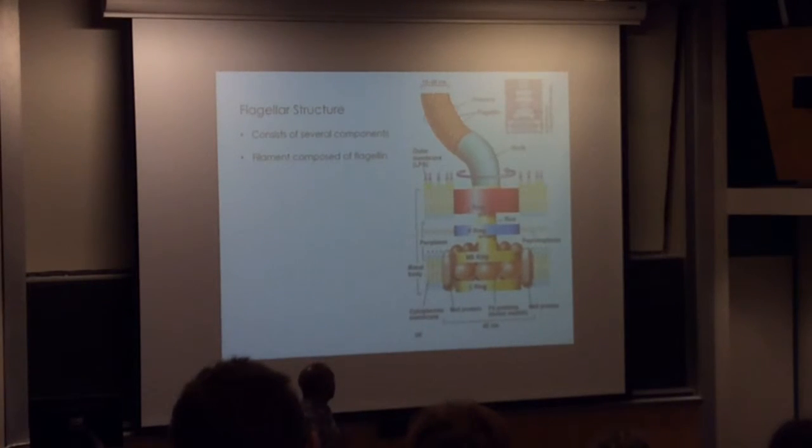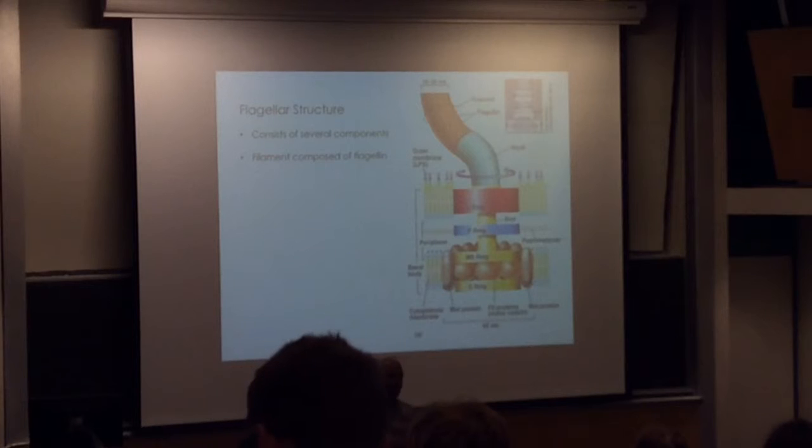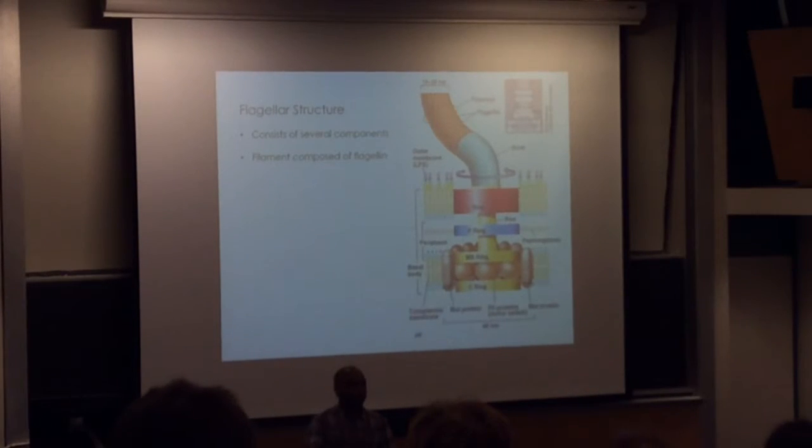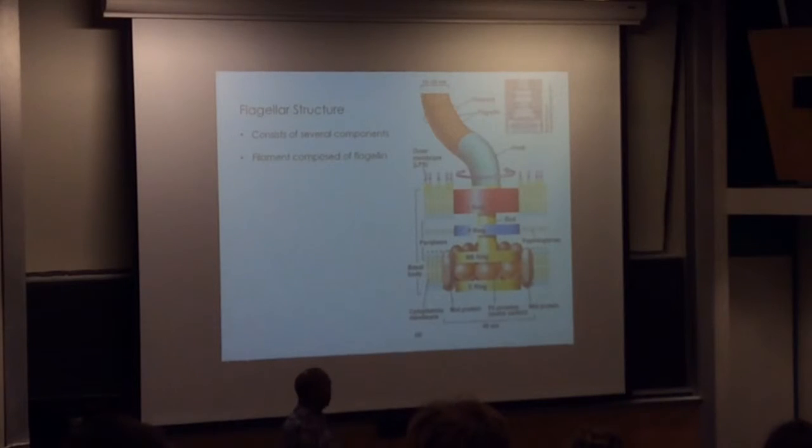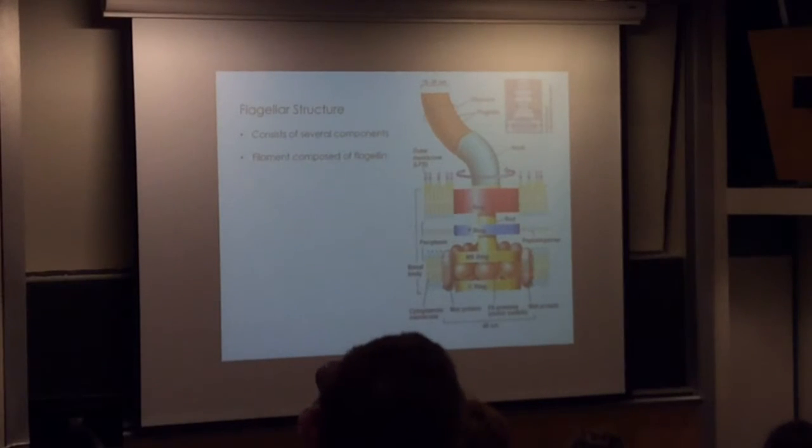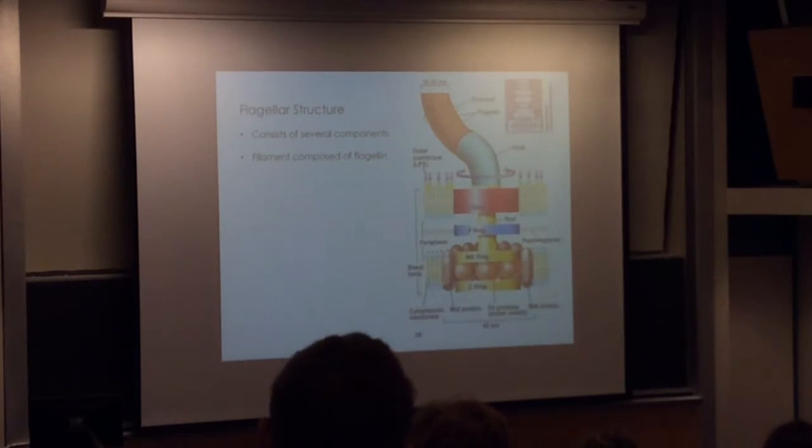Pretty simple. Now if you want the bacteria to move, there has to be some kind of energy coming in, and a way for this whole thing to move. That is where the Mot proteins come into play.